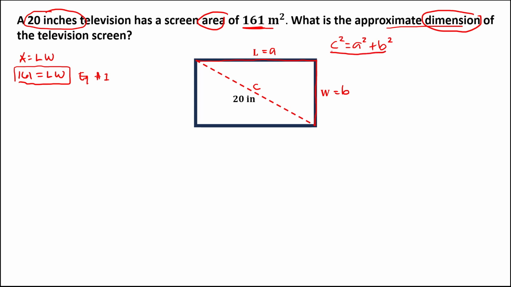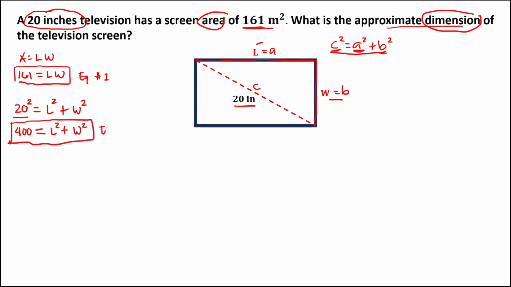So we have c squared, and c is 20 to the power 2, equals a squared, that's L, so L squared, plus b squared, and b is w, so w squared. To simplify, 20 squared is 400, equals L squared plus w squared. This is now equation number 2.